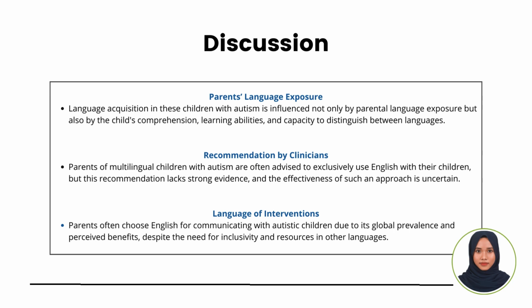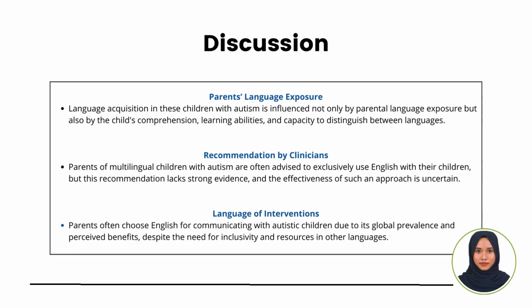Some children with autism do well with language learning, including picking up English, while others have difficulties with communication, social interaction, and sensory processing. And Hashim et al. in 2022 backed this up, pointing out that even if English is used at home, children with autism might still have problems because they don't engage much socially and struggle with understanding social cues.